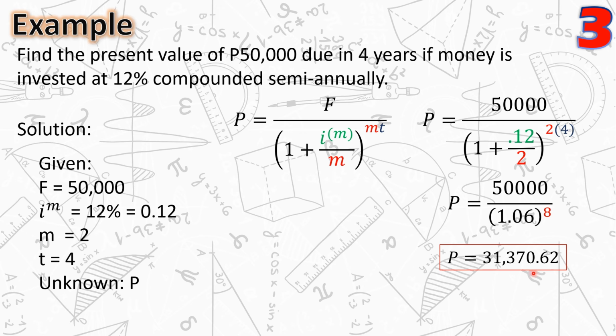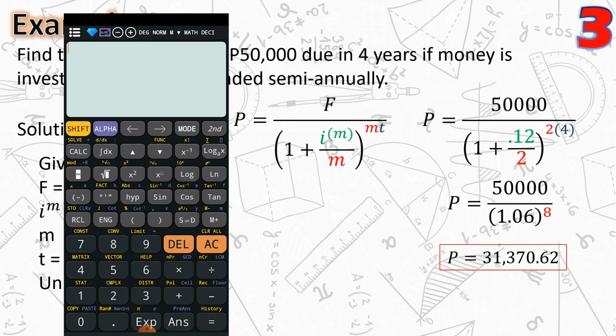Let us show the computation using a scientific calculator. So we have P is equal to a fraction. In the numerator, it's 50,000 divided by parenthesis 1 plus 0.12, another fraction, divided by 2, close parenthesis, raised to 2 times 4.